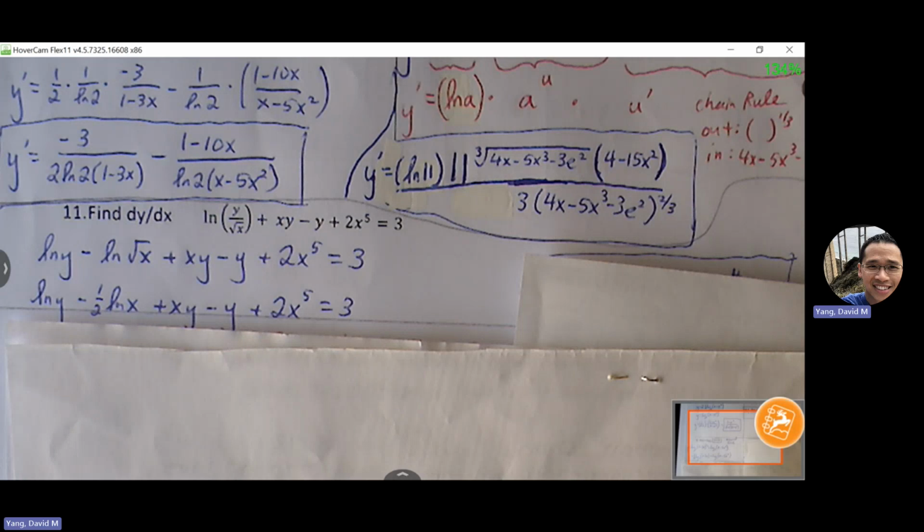What's natural log of y's derivative? 1 over y. What else? dy dx, right? Also, how many dy dx's should we be expecting when we do our derivative line? 3, right? Yeah.